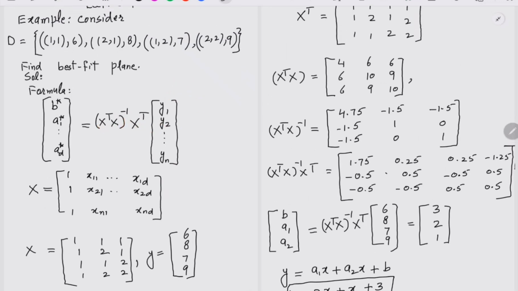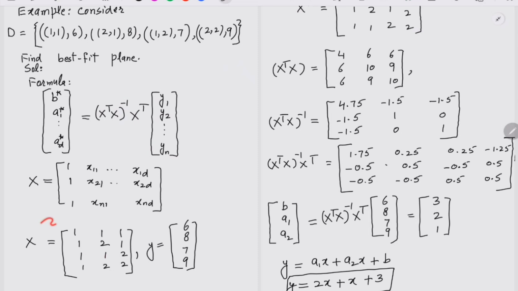For example, in this problem, the capital X becomes this. You remember that in a multidimensional regression problem, in the first column we always have 1. So as you can see, we have 1 over here. It depends on how many points you have.